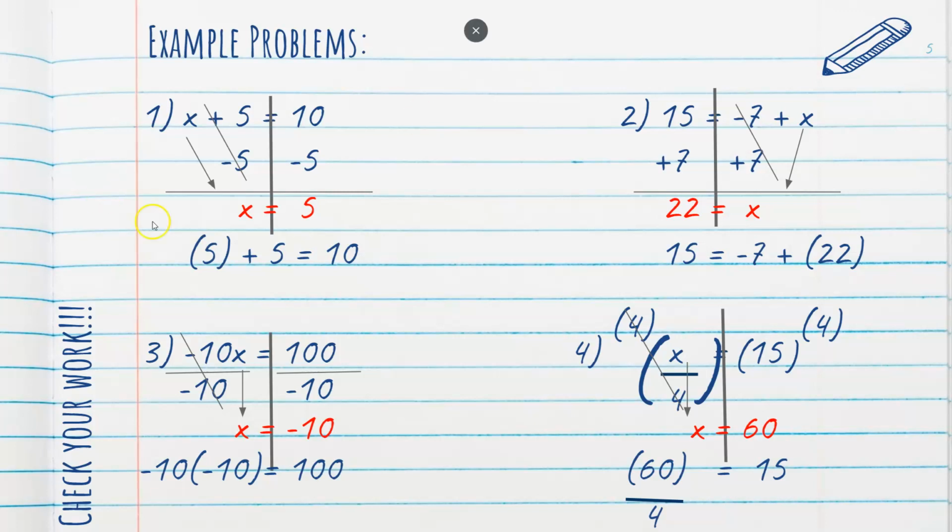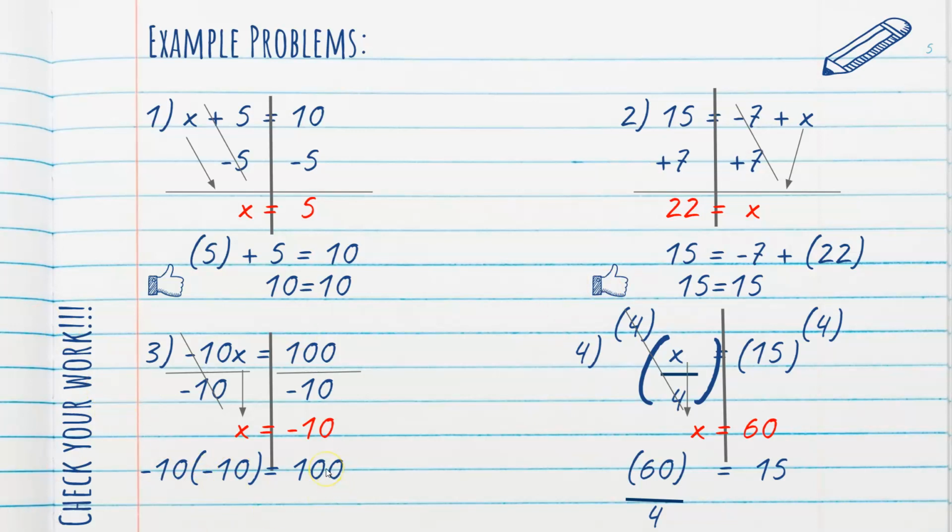In this case, we're taking that 5 and plugging it in where the x was. So 5 plus 5. Does that equal 10? Correct. Over here, negative 7 plus 22. Does that equal 15? It does. Thumbs up.